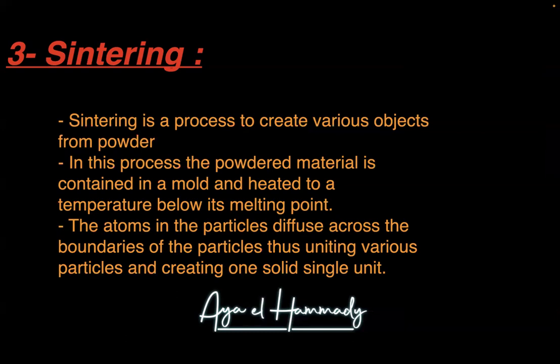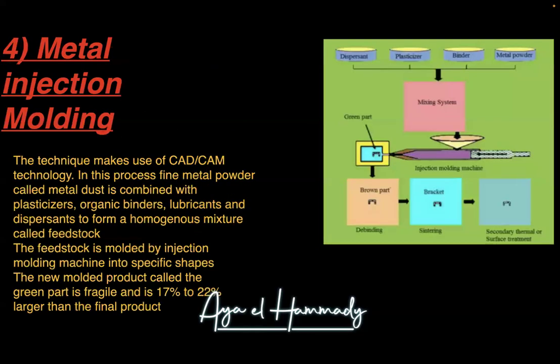It forms a liquid. I pour this liquid into a mold. This is called casting, okay? Sintering here is all about the powder. I put the powder in the mold. I put it under a huge amount of temperature to melt, and it gives me one single unit. Now we know the difference between the casting and sintering.